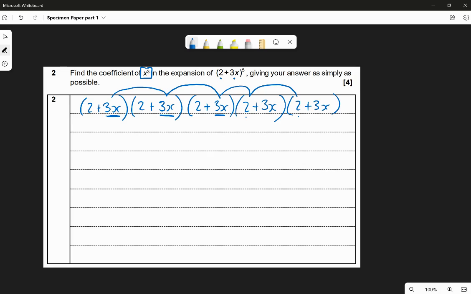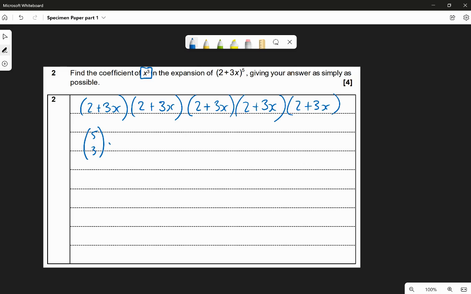There are 5 choose 3 different ways of doing this calculation, of getting this x cubed term. 5 choose 3 is the number of different possible ways of choosing the 3x from 3 of the 5 brackets. So from 5 brackets, choose 3 things, the 3x 3 times.